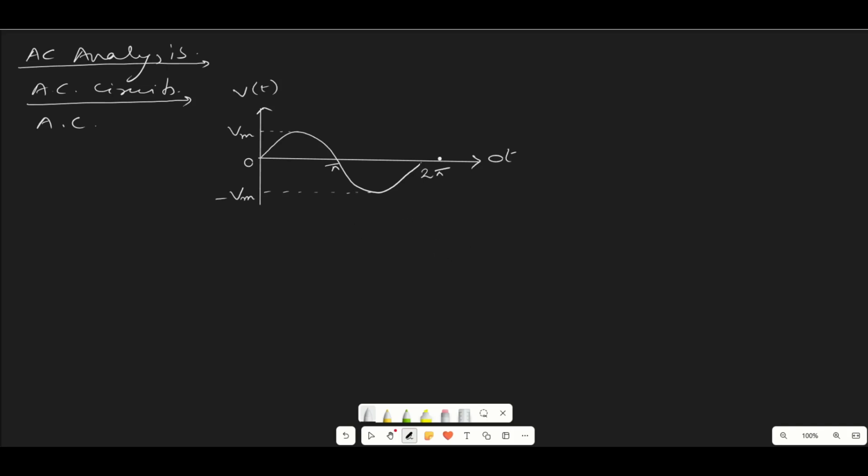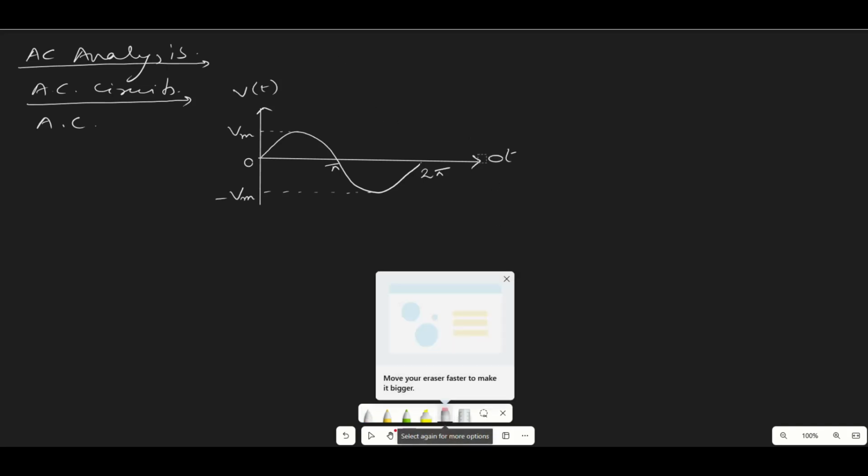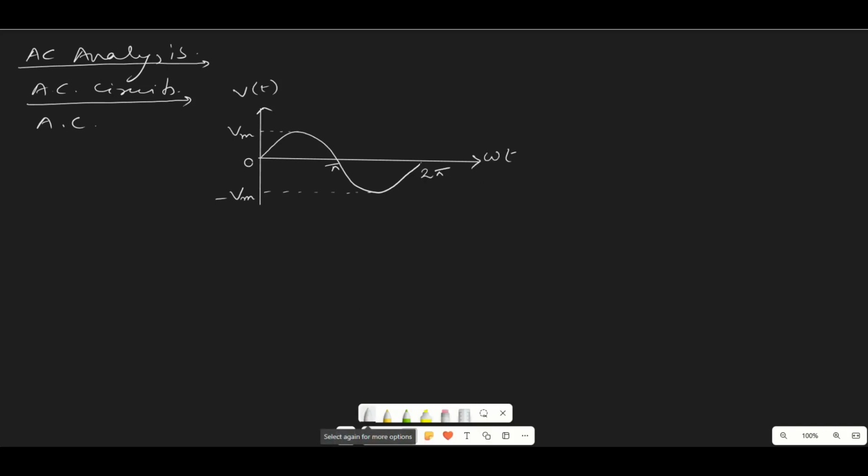So how do we represent this? The AC is represented by, sorry about this, this should be omega. Okay, so how do we represent this?